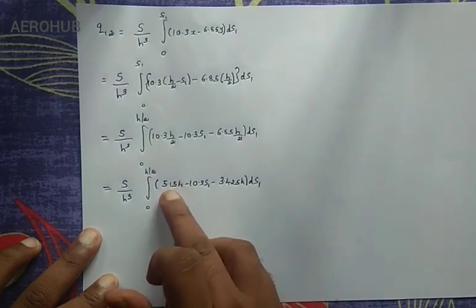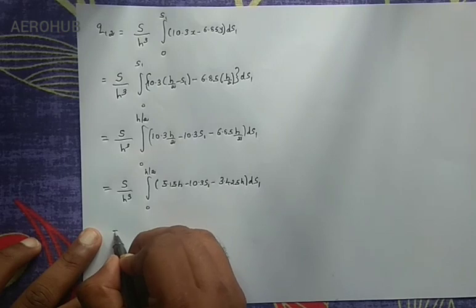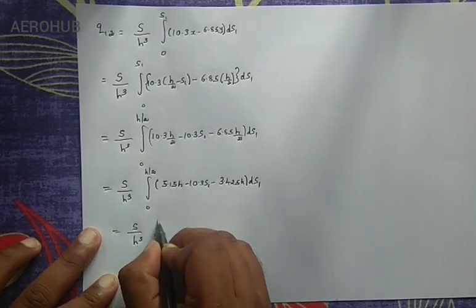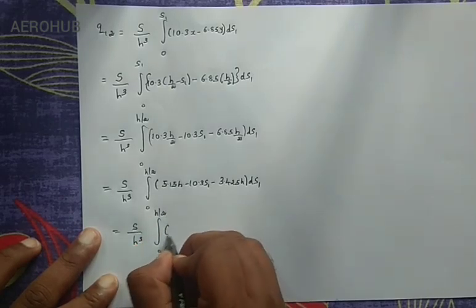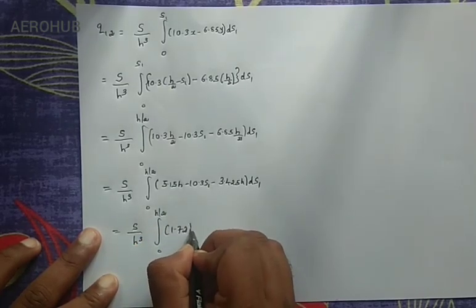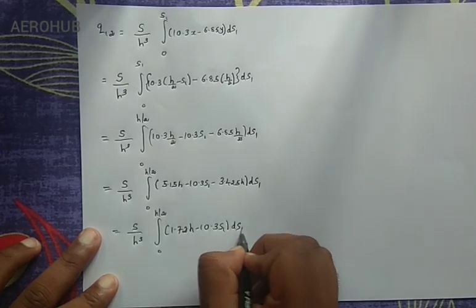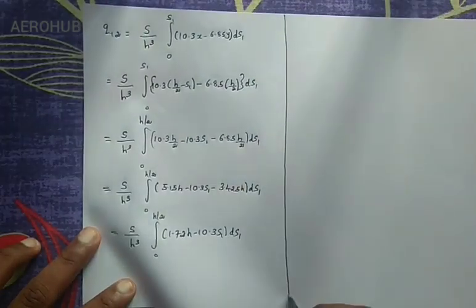So 5.15 h minus 3.425 h, so that will be S by h cubed, 0 to h by 2, of 1.72 h minus 10.3 S1, dS1. Okay, these are simple integrations.